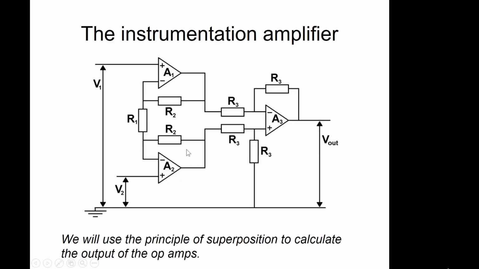We look at this, and now we will say this is earthed, and V2 is some voltage. Again, amplifier A2 is in negative feedback, so this is going to be a virtual V2 at this point. So we've got a virtual V2 voltage here going through resistor R1 to the inverting input, and this resistor R2 is in negative feedback arrangement.